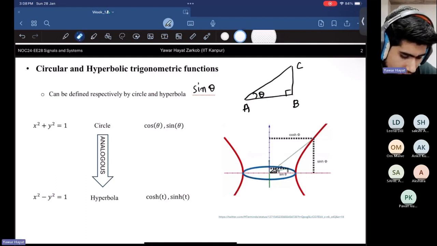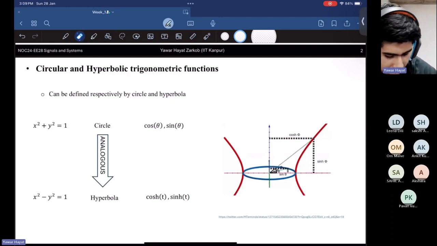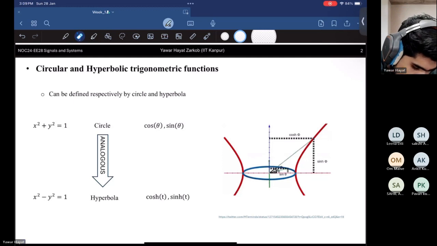Now, an alternate definition for sine theta and cos theta, a geometrical interpretation for the same, can be visualized as follows.